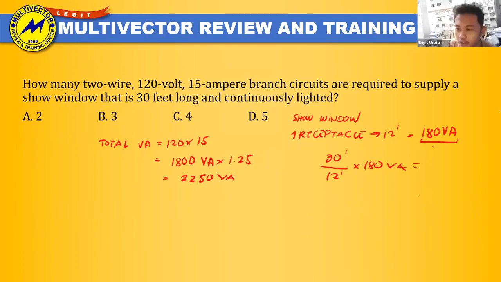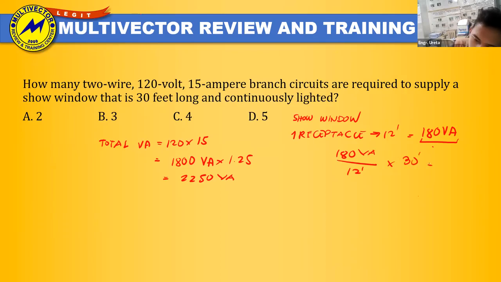Banggitin ko lang ulit, per 12 inches, it requires us to have one receptacle of 180 volt ampere. So 180 volt ampere per 12 inches times our 30. Therefore 180 times 30 divided by 2 is 450.